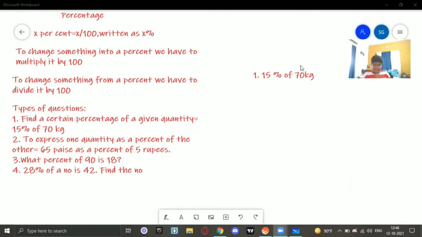Now there's going to be only one particular rule in this: change the percentage into a fraction and then multiply it with the given quantity. So you will have a percentage converted into a fraction multiplied with the given quantity. Now I will tell you how to solve this question.